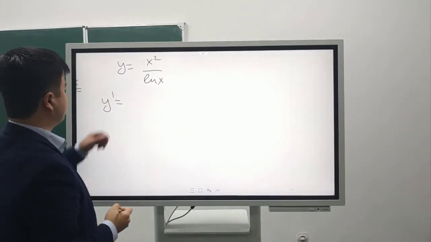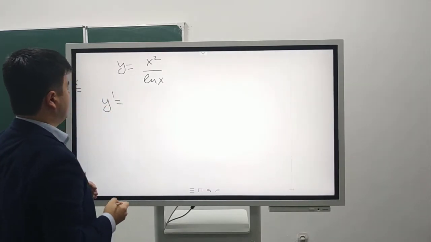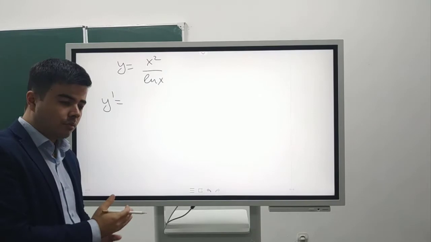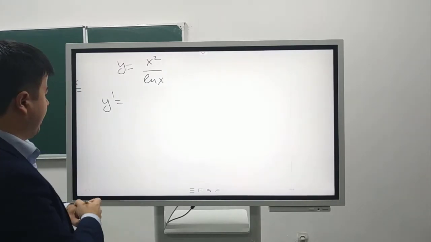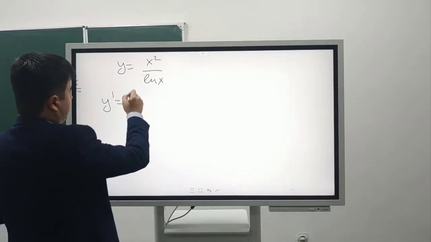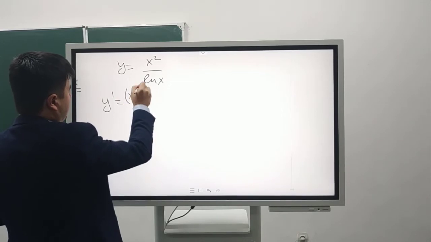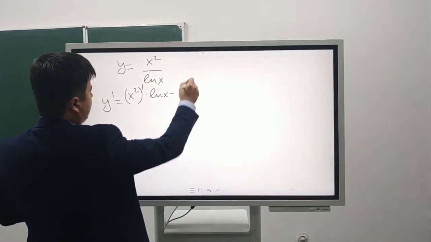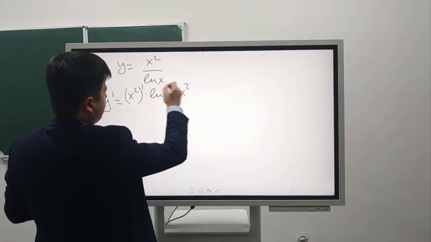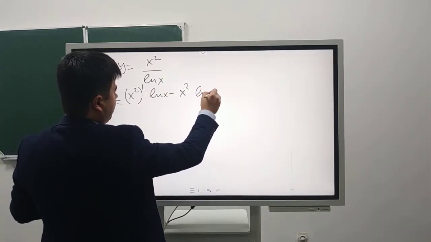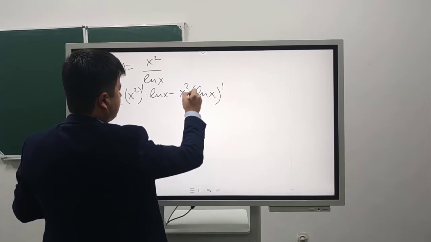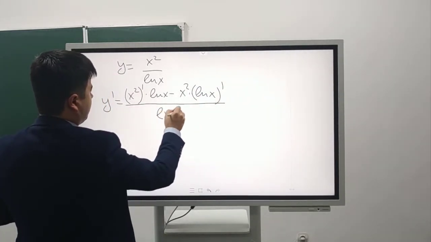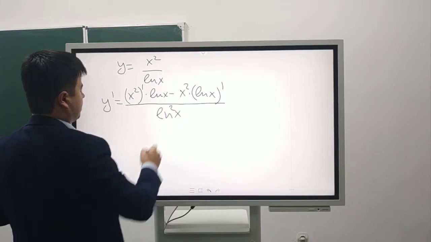We can write here, using the rule of the derivative of division, the derivative of the first function times the denominator minus the first function times the derivative of the denominator, over the square of the denominator, ln squared x.